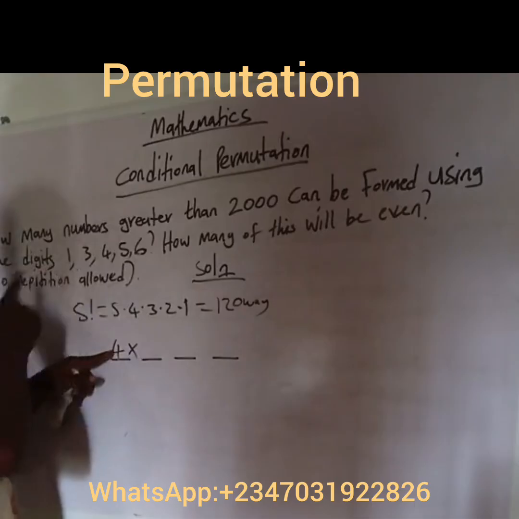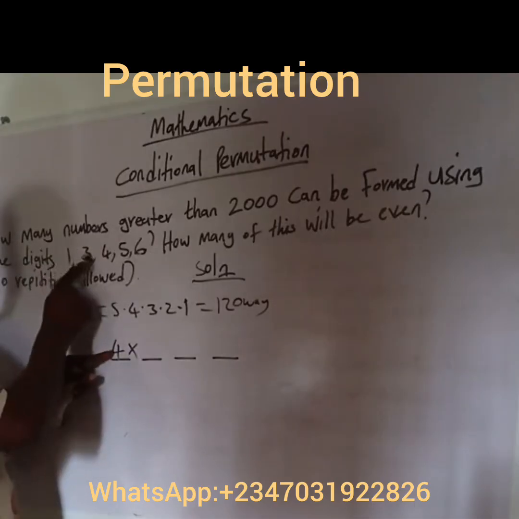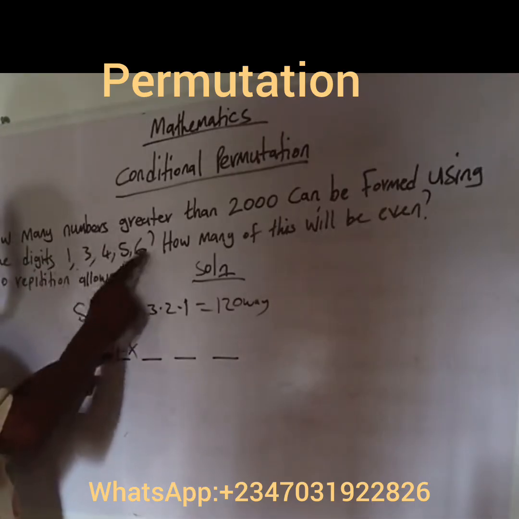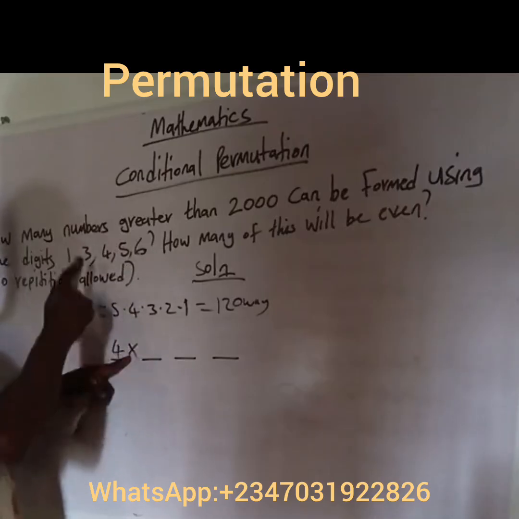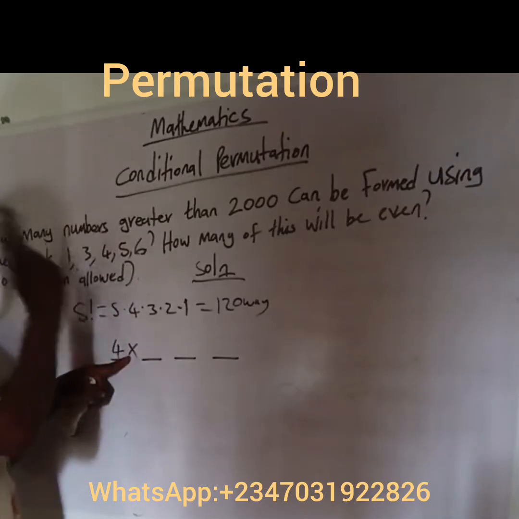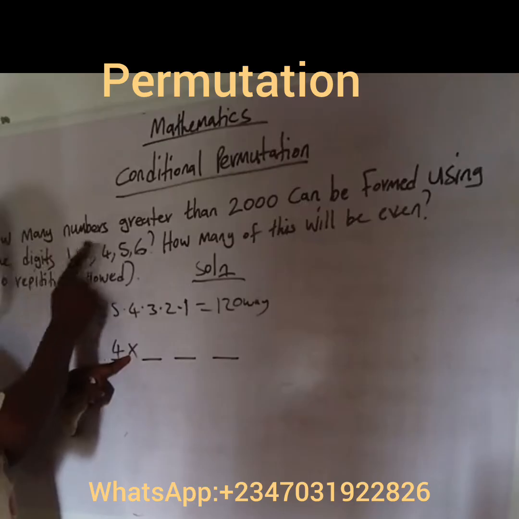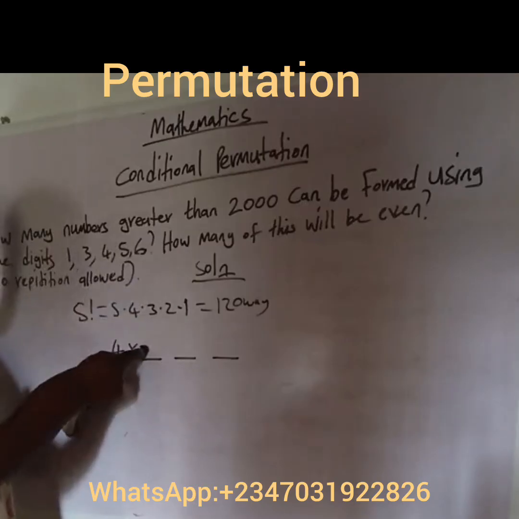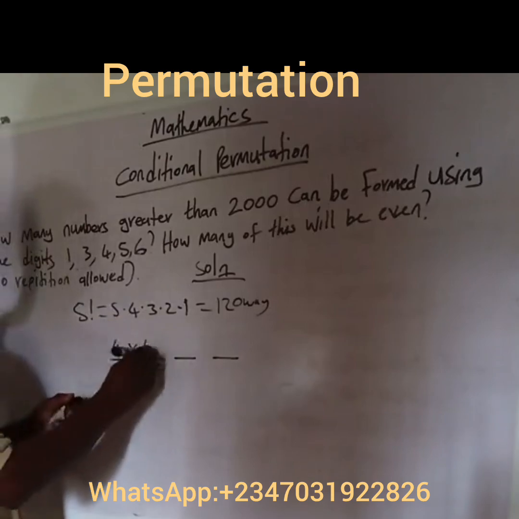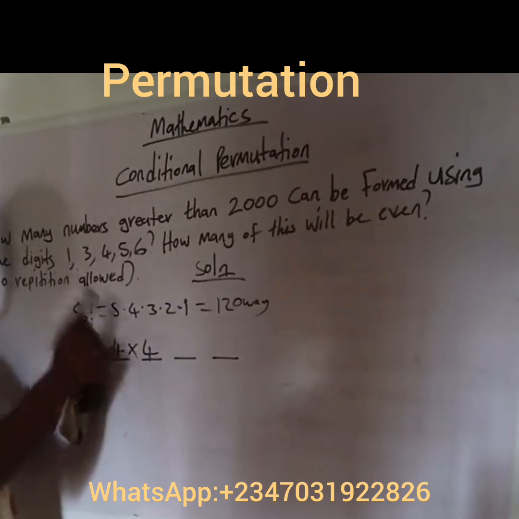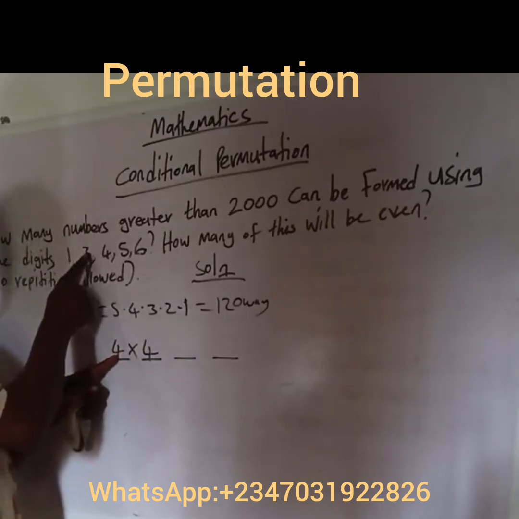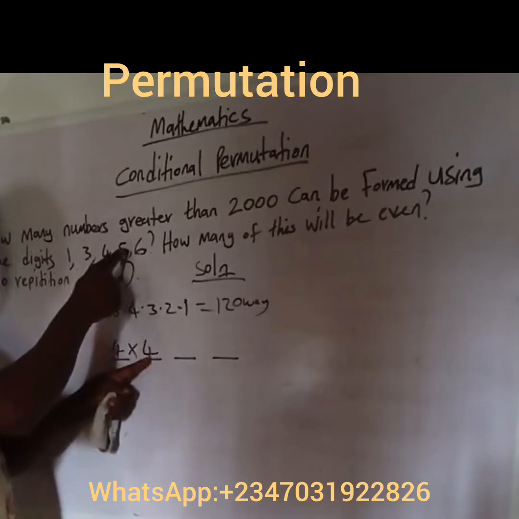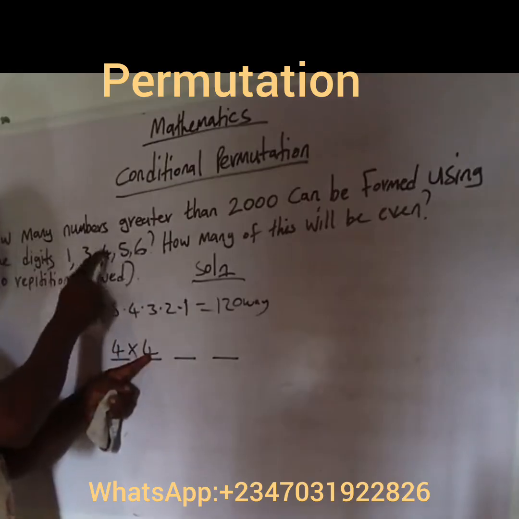So for the first position, any of 3, 4, 5, 6 can start, so that is 4 ways. Then let's say we pick 3. The numbers left are still 4: 1, 4, 5, 6, because 1 can now come in. So we have 4 ways of picking the second number. After picking the second, the numbers left are 3.